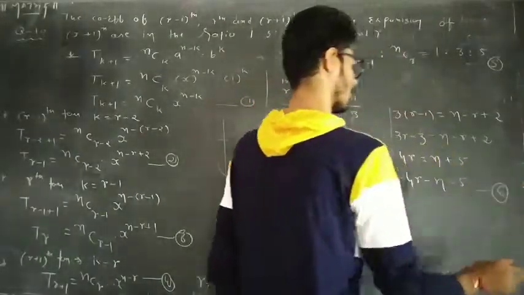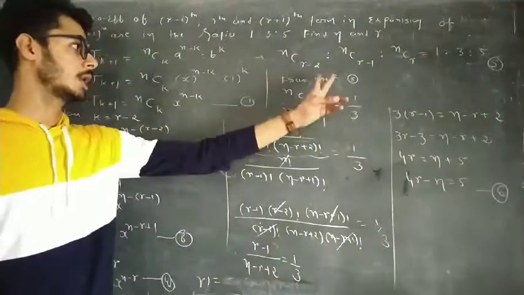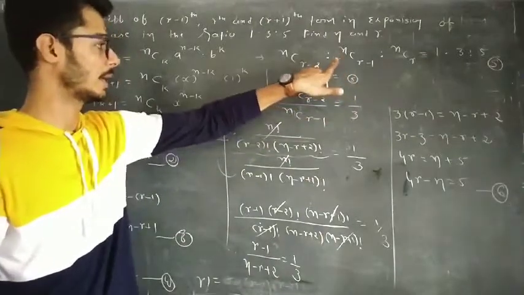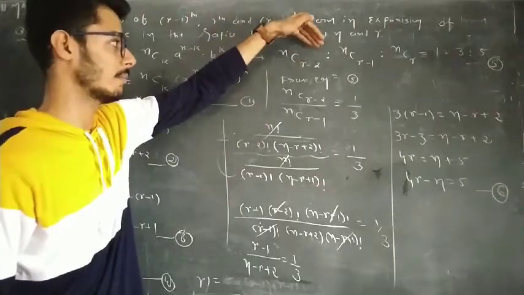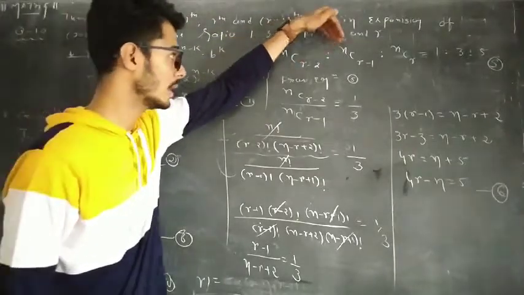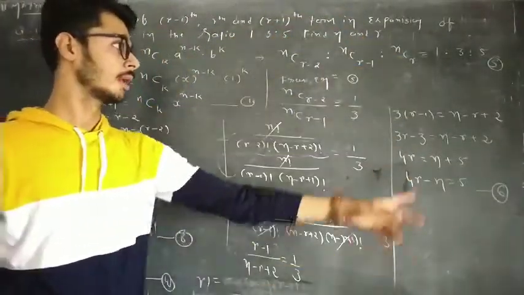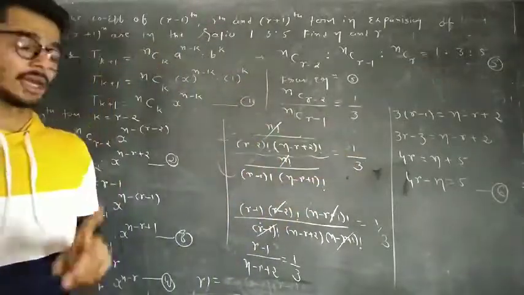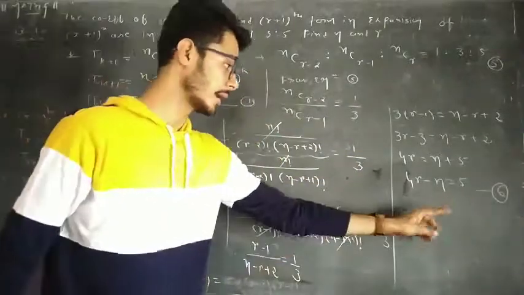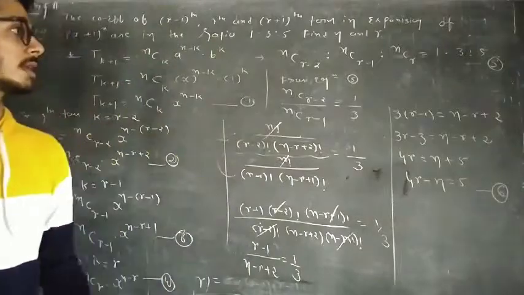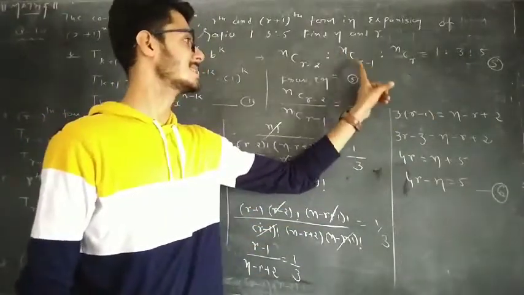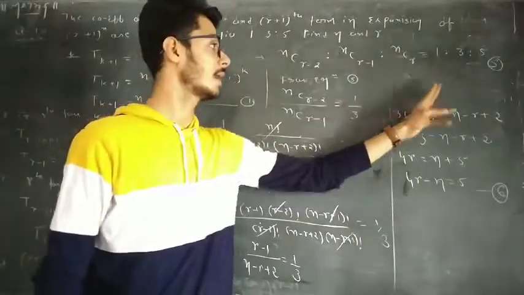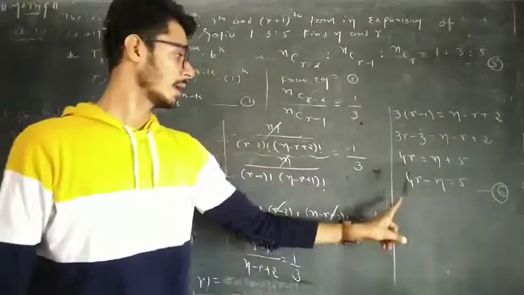This is equation number 6. Here we took the ratio of first and second, nC(r minus 2) divided by nC(r minus 1), which is 1 by 3. The next you have to do by yourself: taking the ratio of second and third, nC(r minus 1) to nC r, with right-hand side 3 by 5.